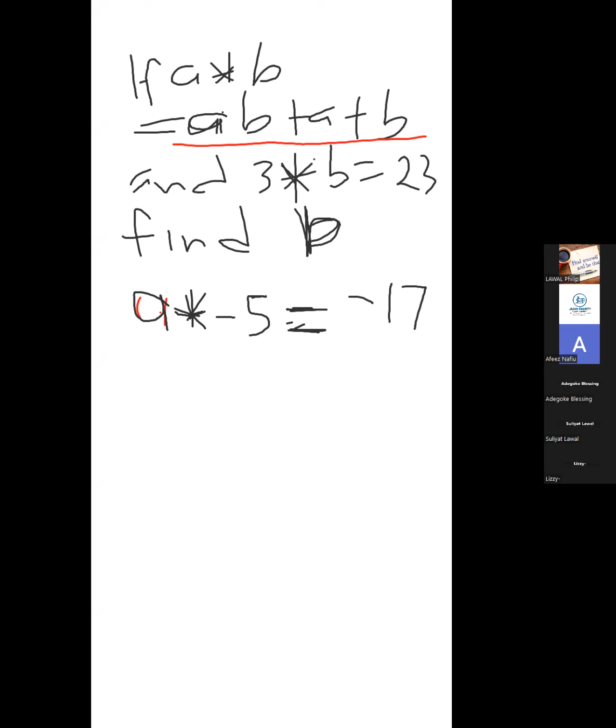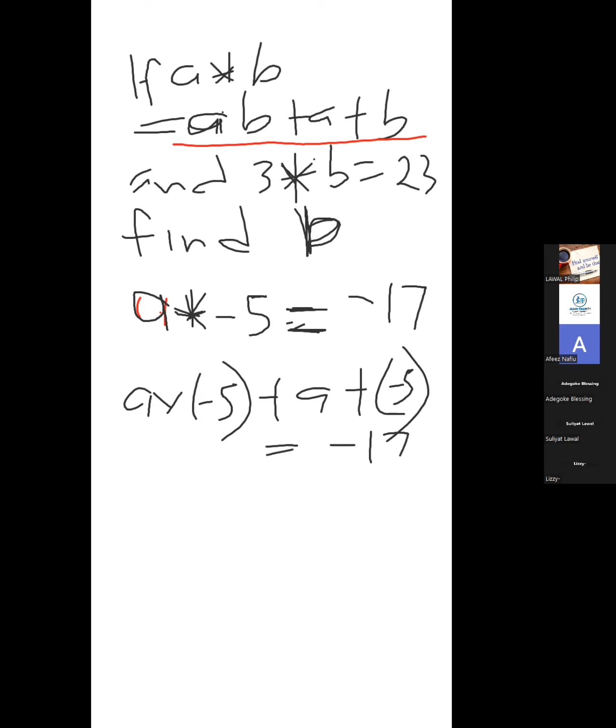So now here, my A is my A, and then minus 5 will now replace B. So I'll have A times minus 5. All right, that is my AB, plus A still retains its original value, then plus B. Now I know what my B is, minus 5. And that should give me minus 17.